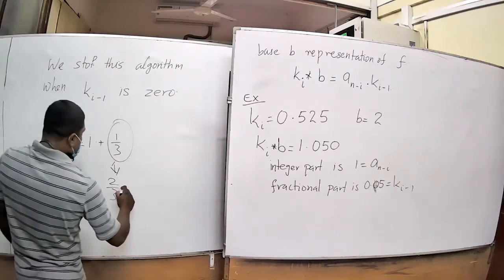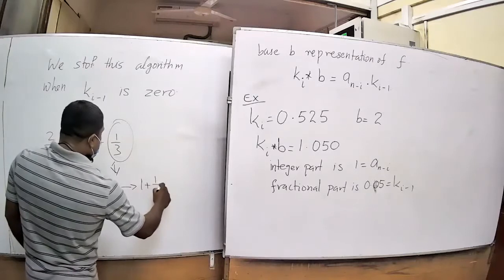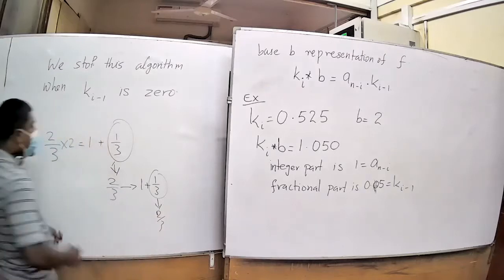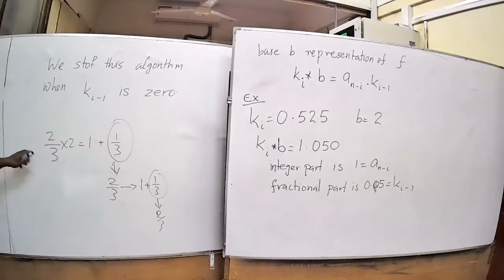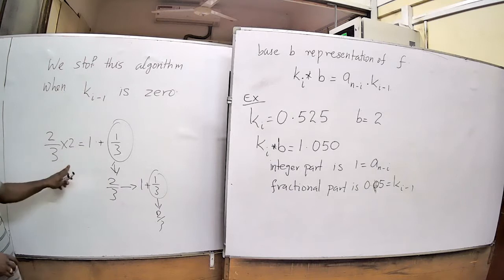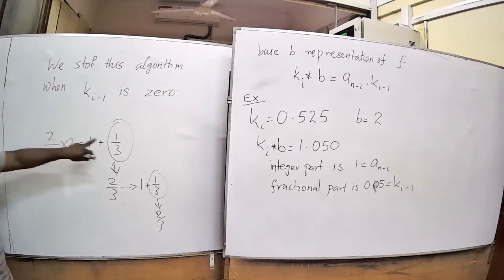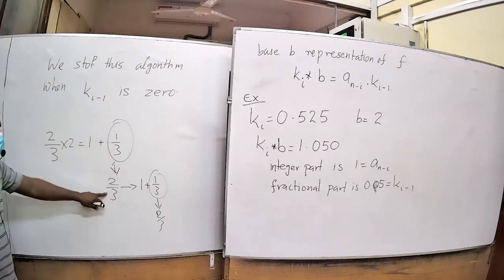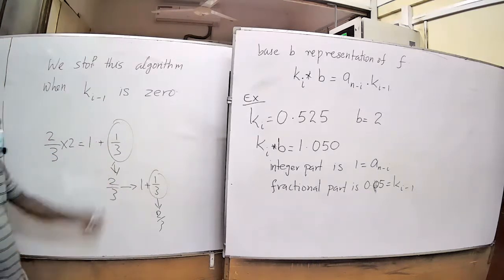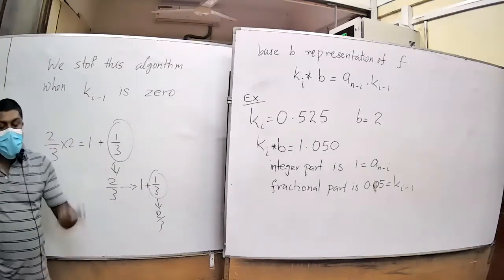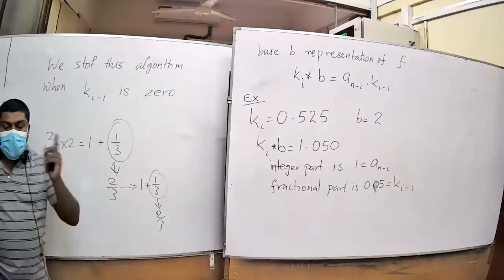Then again 1 upon 3, again 2 upon 3. So you can see that 1 upon 3 and 2 upon 3 keep repeating again and again.